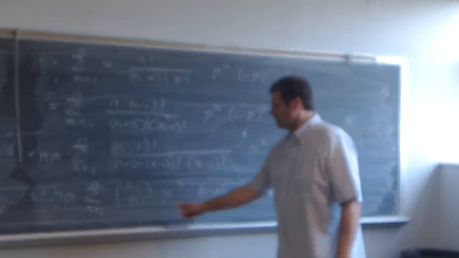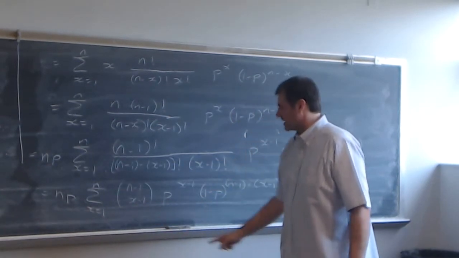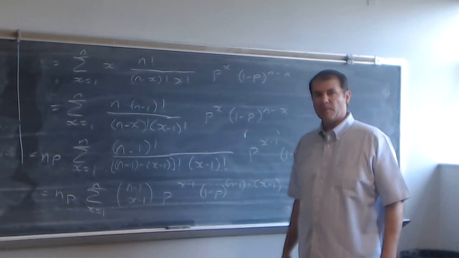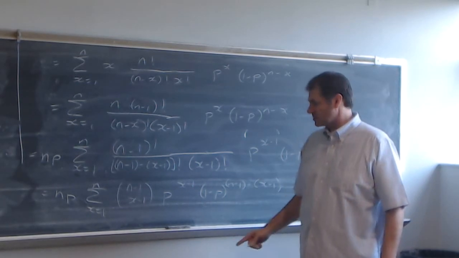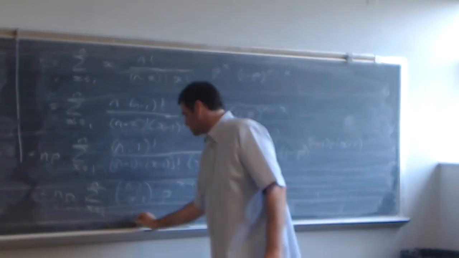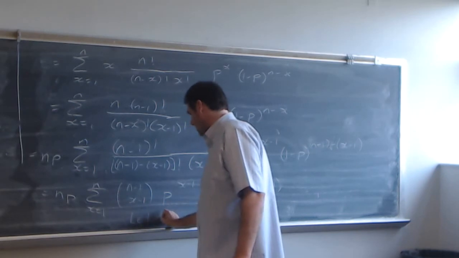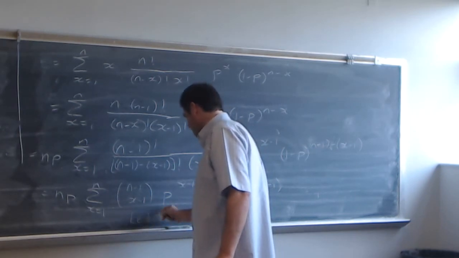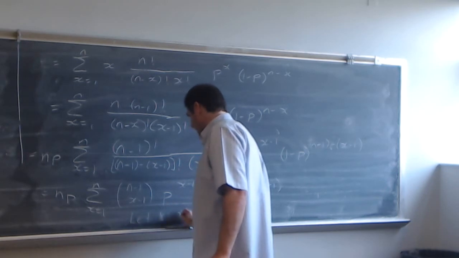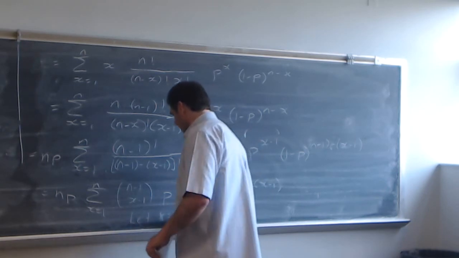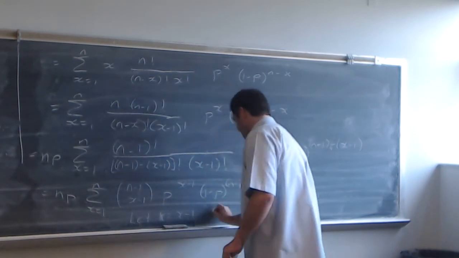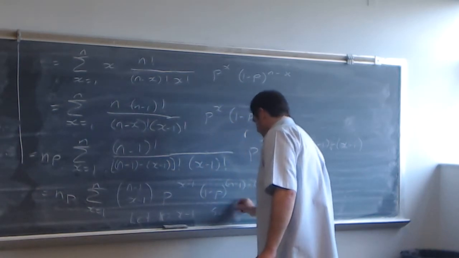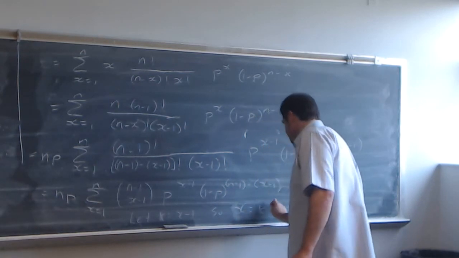Now what I'm going to do is express this sum using a different index. So I'll let k equal x minus 1. That means then x will be equal to k plus 1.